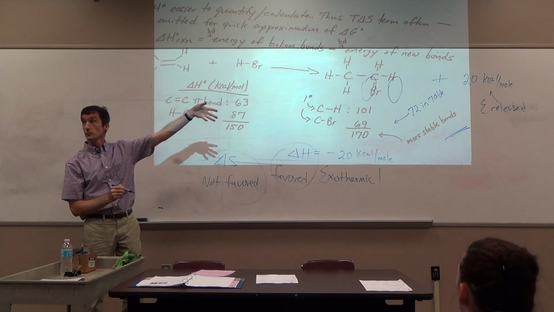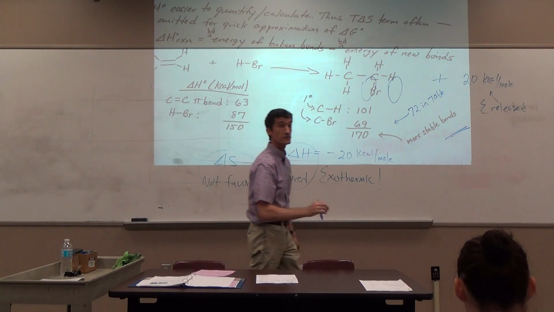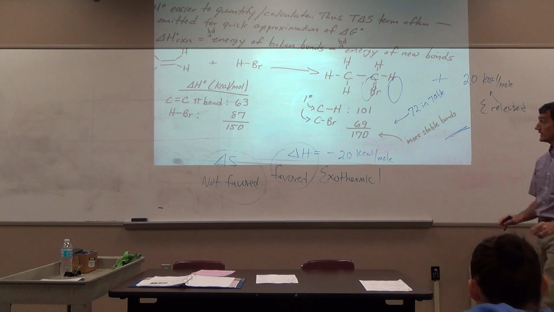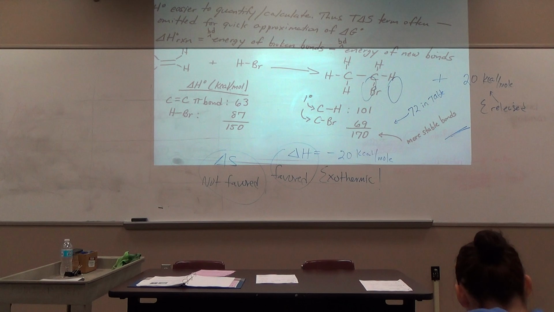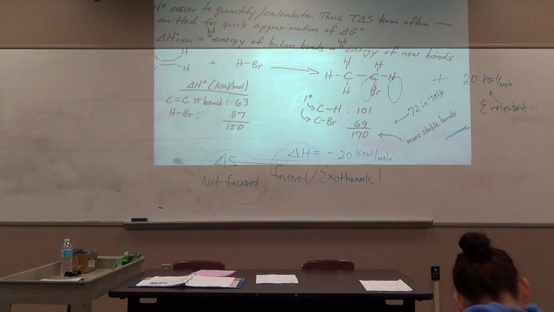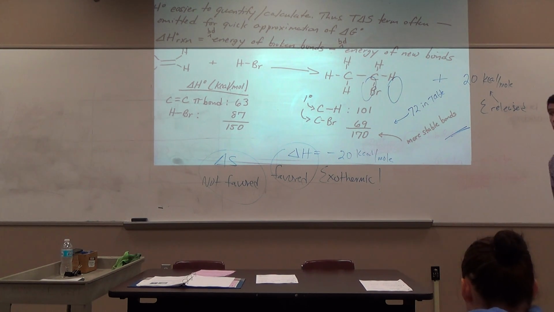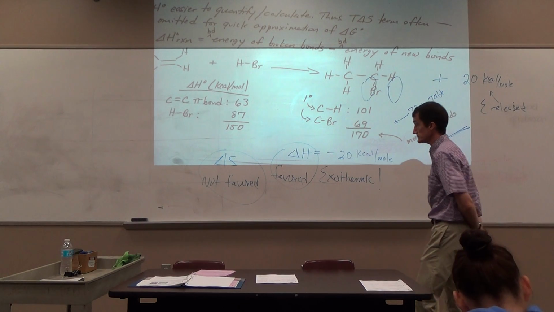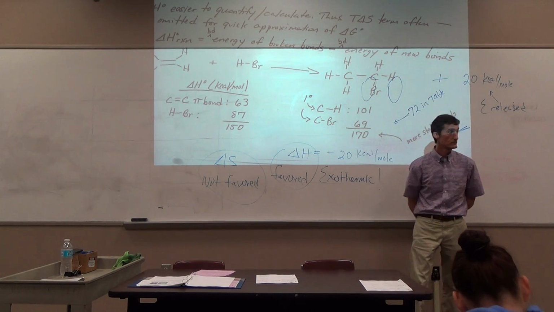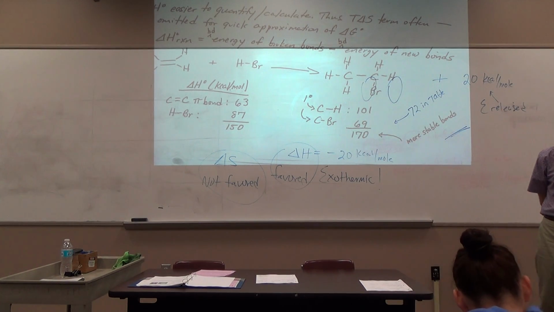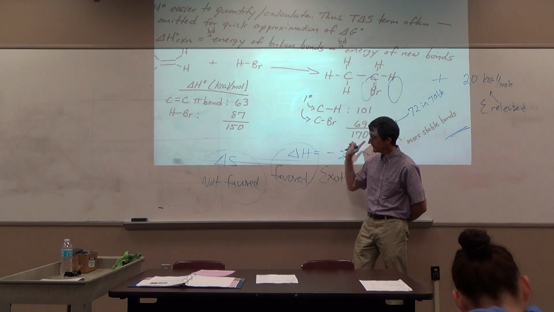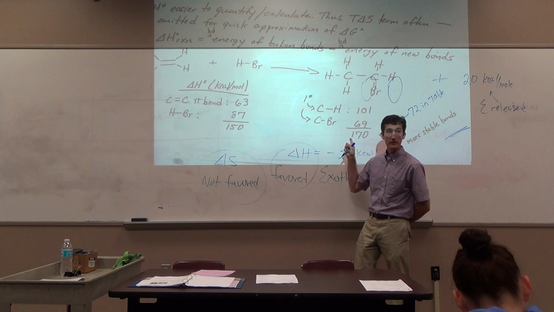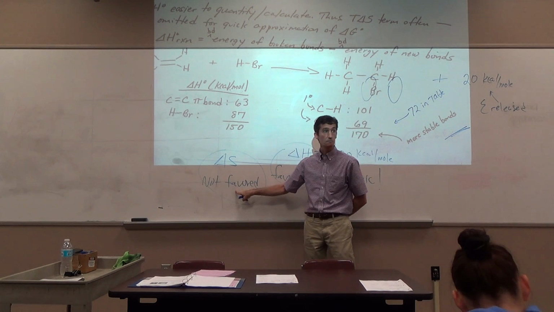Because two molecules are going to one. That's getting more order. Nature doesn't like to become more ordered. So one term says it's favored, one term says it's not. So you've got to put it all together. Ultimately, is this a favored reaction or not? It may depend on the temperature. Do you want to heat this reaction or not? No, because heating will magnify the bad term.